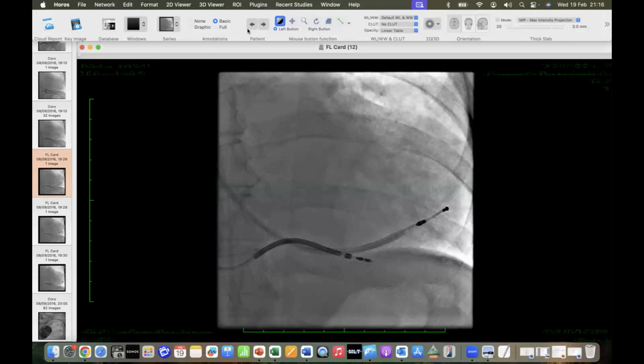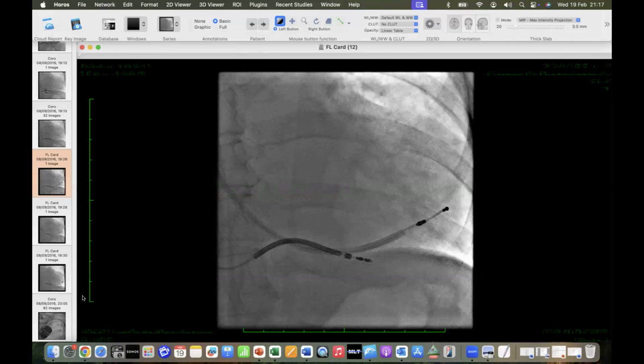We pretty much implant single coil devices, probably because of the experience with extraction, and having to take out a dual coil lead is sometimes a bit more difficult because it sort of fibroses with the SVC. One of the things that we do occasionally is a defibrillation test in patients where we put a right-sided device in, because it gives you at least a degree of reassurance that the vectors that you've programmed will work.